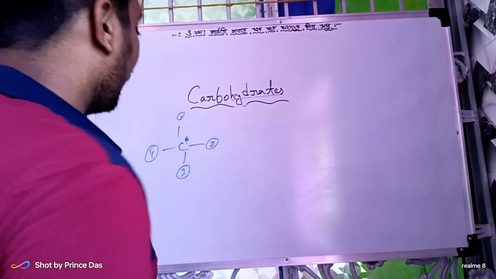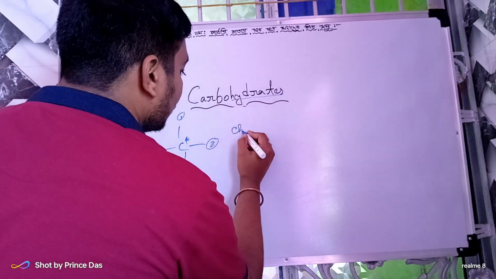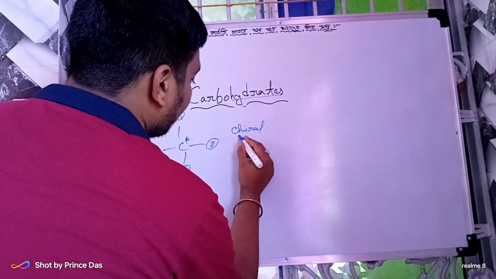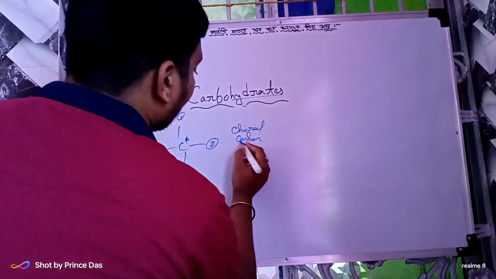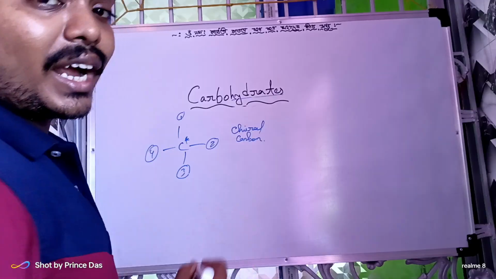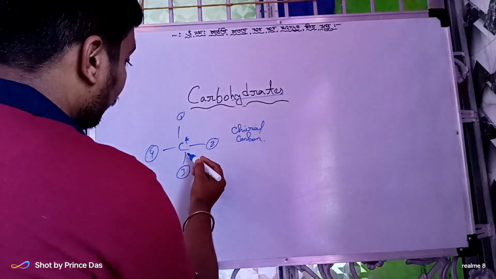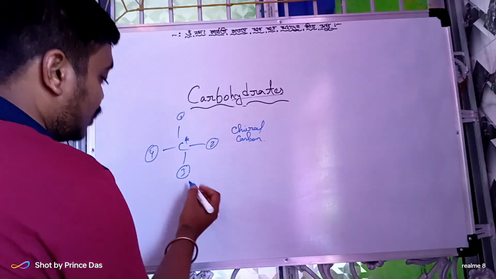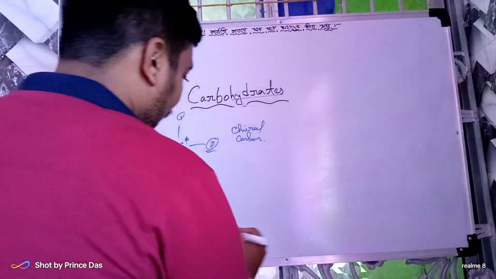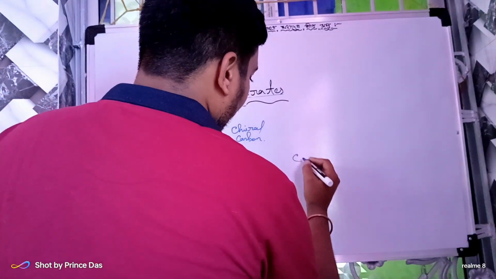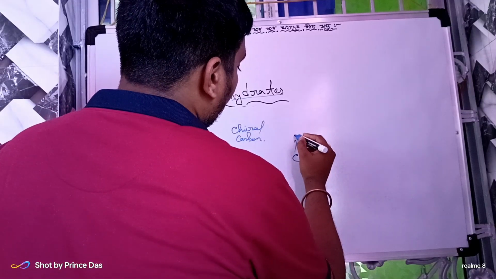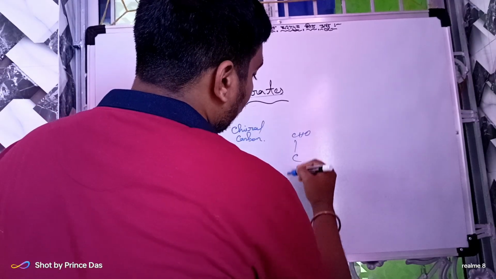Now we can give it a star mark. Chiral, you can say C-H-I-R-A-L. So what is chirality? Chirality means a carbon having 4 different groups, meaning these groups cannot be matched like this. Take an example, carbon. Here we can write CHO.